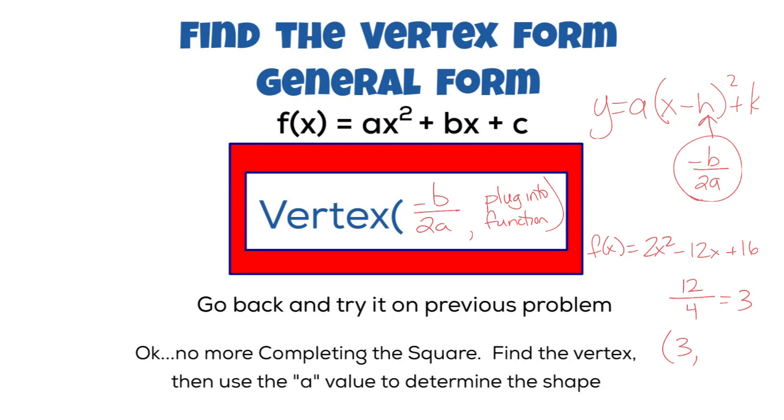If I wanted to find the y value, I would take 3 and plug it in right here. So that'd be 9 times 2. That's an 18. Now plug 3 in here with this x on the 12x, so that'd be a minus 36, and then a plus 16. And when you combine those together, that's going to be a negative 2. And so there's our vertex, just like we got from completing the square.